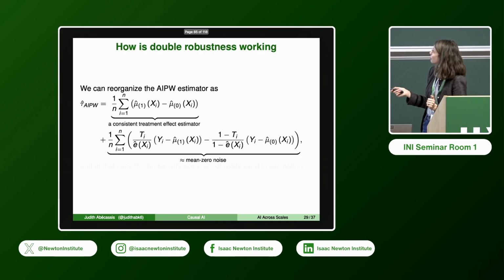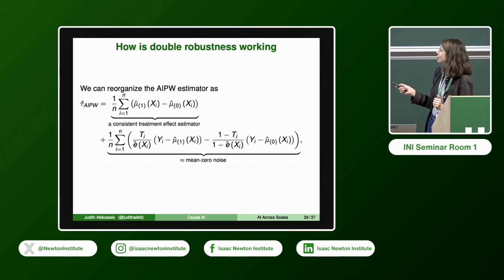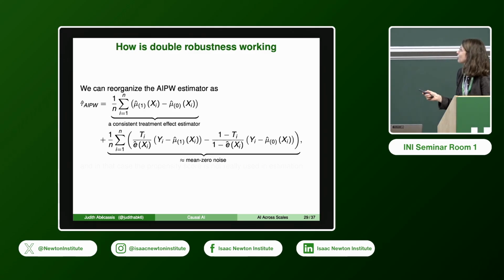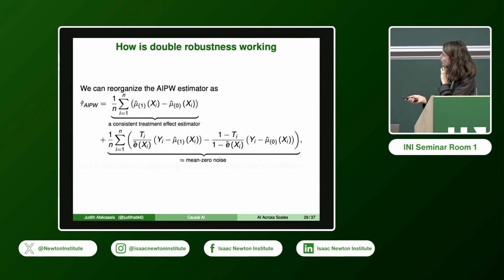So either by having a first part that is exactly your plug-in regression model and a term that is going to actually cancel out.